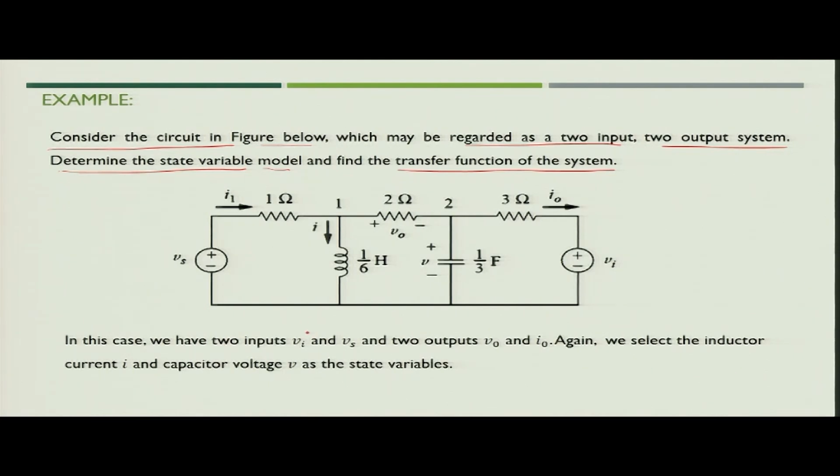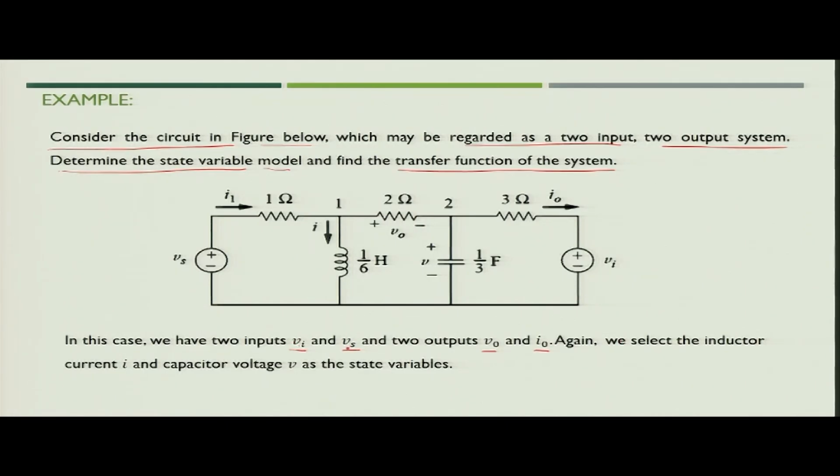Now, what we will do in this case: we have 2 inputs. What are those inputs? Vs and Vi are the 2 inputs in the circuit, and we have 2 outputs. So, we need to find the values of V naught and I naught. V naught is the voltage across the 2 ohm resistance and I naught is the current flowing through the 3 ohm resistance.